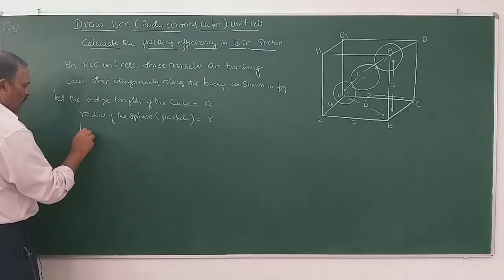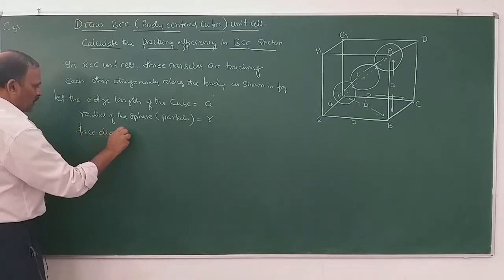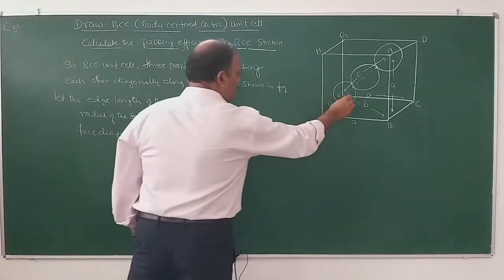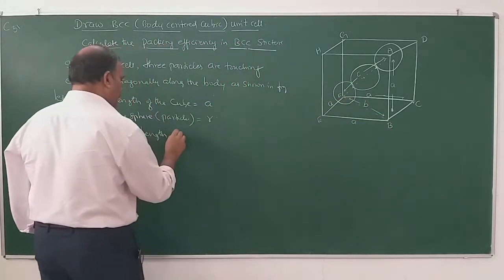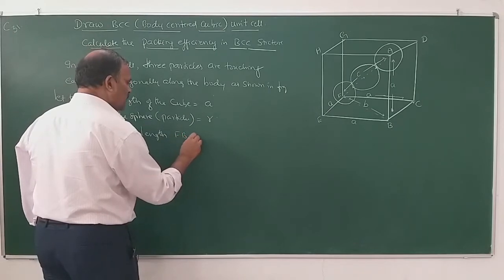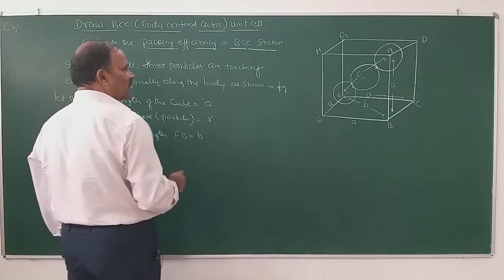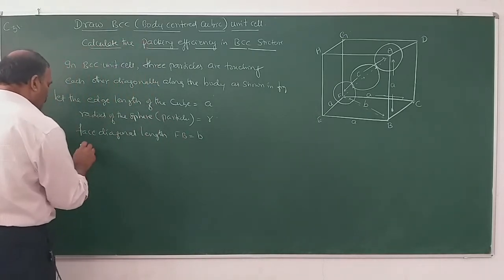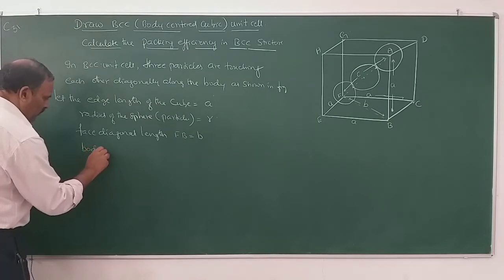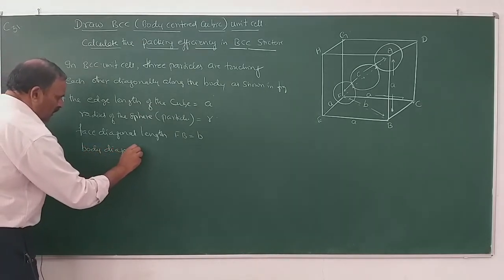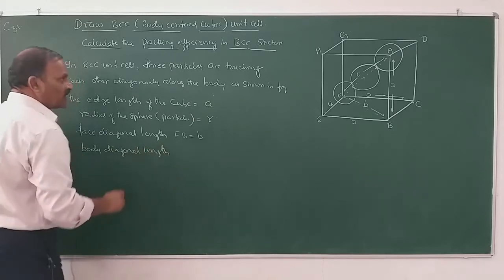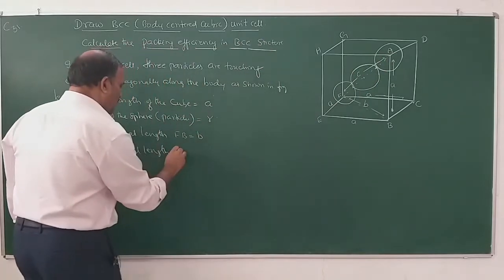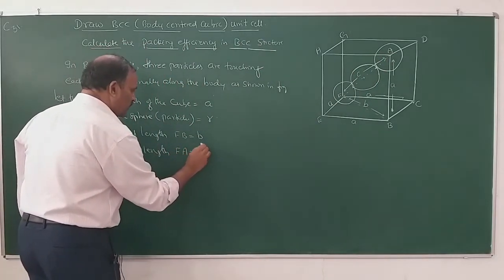Then the face diagonal length FB is equal to small b, and the body diagonal length FA is equal to small c.